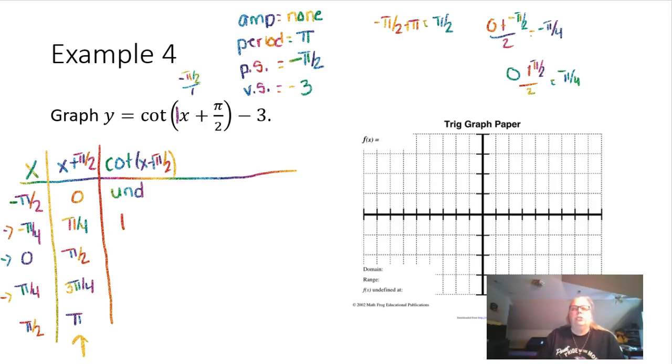At pi over 2, the cotangent is going to be 0 divided by 1, that's 0. At 3 pi over 4, the cotangent is going to be negative square root of 2 over 2 divided by square root of 2 over 2, that's negative 1. And at pi, the cotangent is going to be negative 1 divided by 0, but that's undefined.